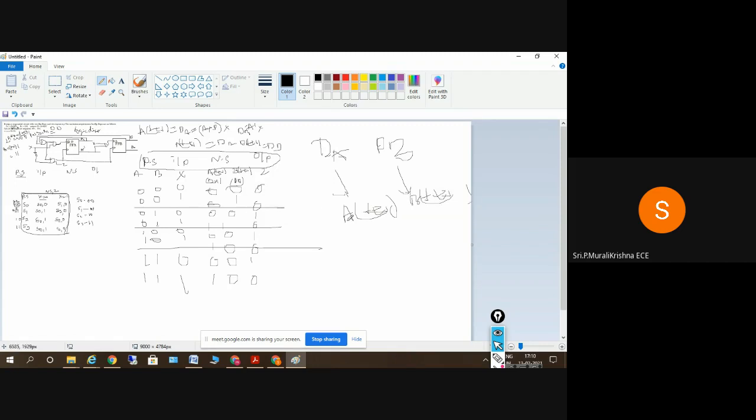Or if you are given A of t plus 1, remember that A of t plus 1 is equal to DA, or DA is equal to A of t plus 1. I mean, the next state equations and input equations can be interchanged in case of the D flip-flop. Getting my point here? Yes, sir. Okay, so this is the table we'll get here.